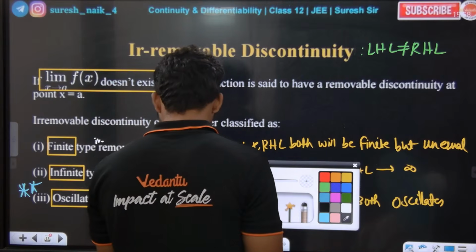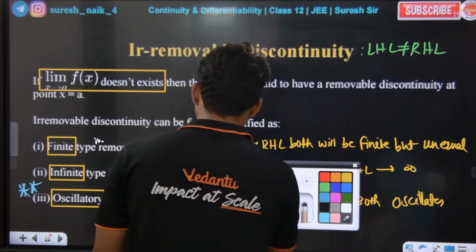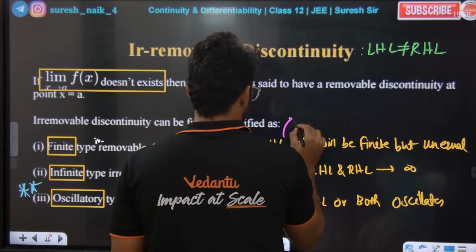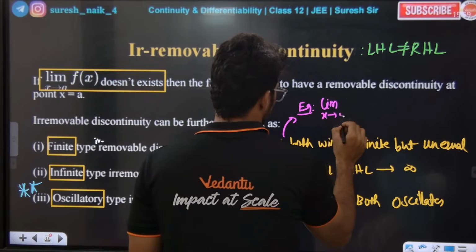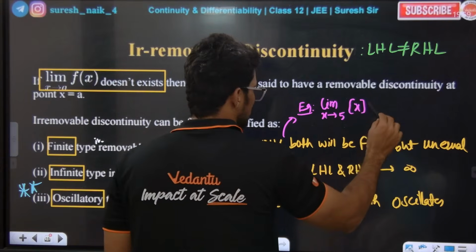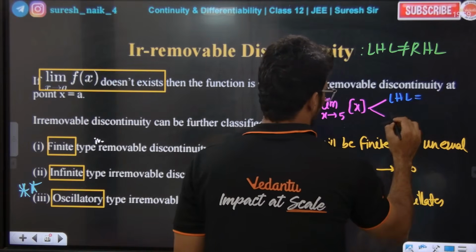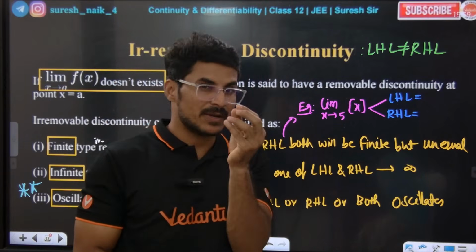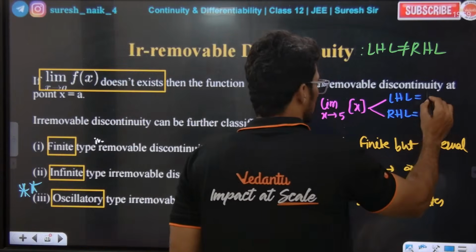Let me choose pink color. For example, take the limit as x tends to 5 of the step function of x. What are LHL and RHL? LHL is the left side of 5, slightly less than 5, like 4.99999. The step of 4.99 is 4.